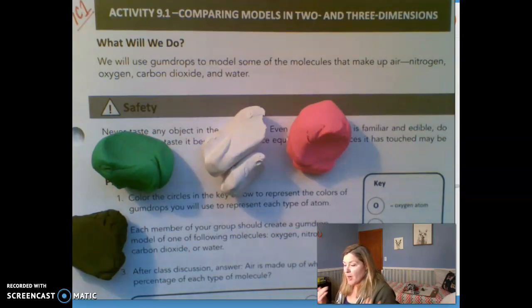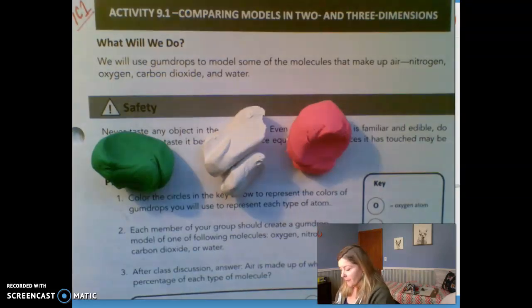Oftentimes, when people are modeling molecules, they tend to use the same color for carbon. Usually scientists use black for carbon. Now, atoms themselves don't really have color. They're so tiny that you wouldn't be able to tell what color it was unless you had a ton of them.